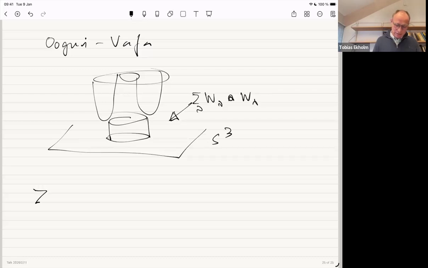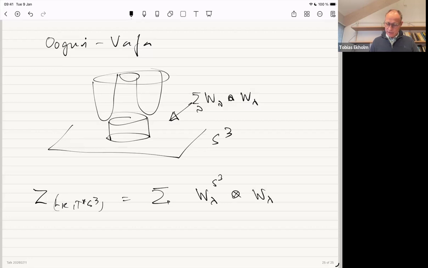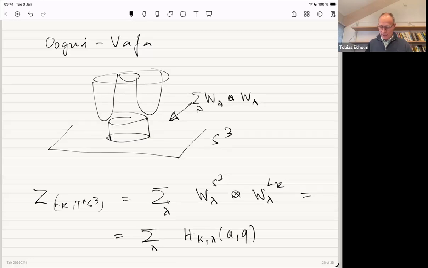So that means that the count of this LK in T star S3 is equal to the sum of W lambda on S3 tensor W lambda on LK. And now that one we can say is equal to the sum over lambda of the HOMFLY polynomial of the knot K in lambda, by definition if you wish, and then tensor this W lambda LK.